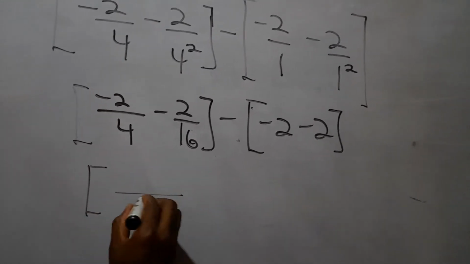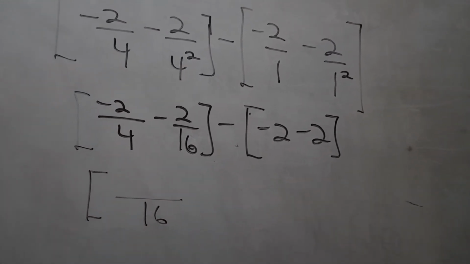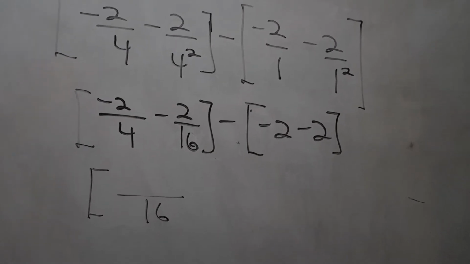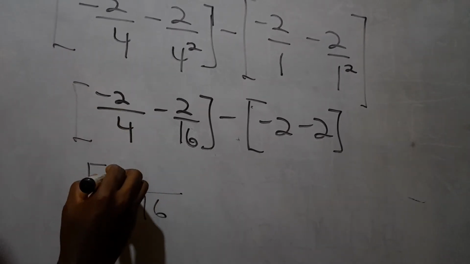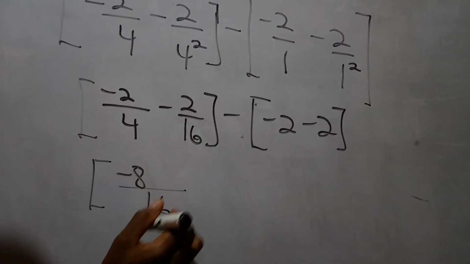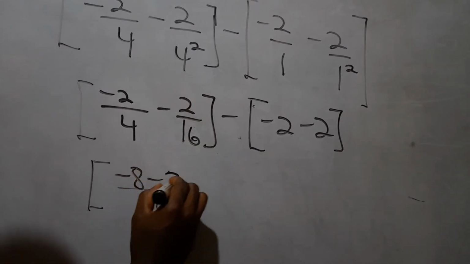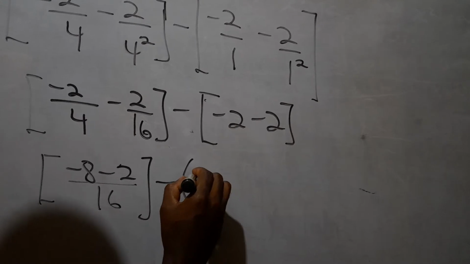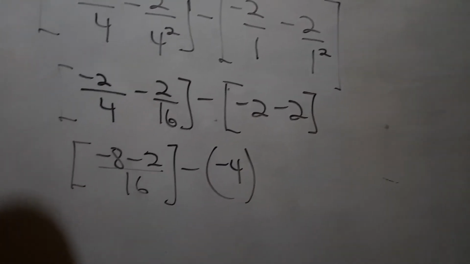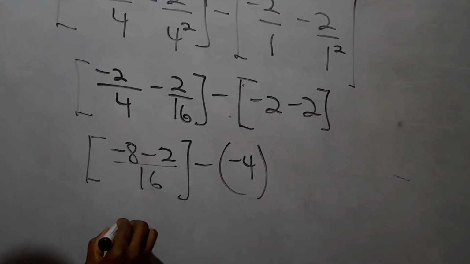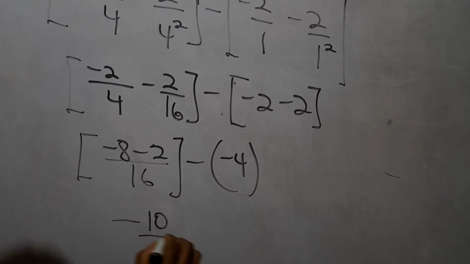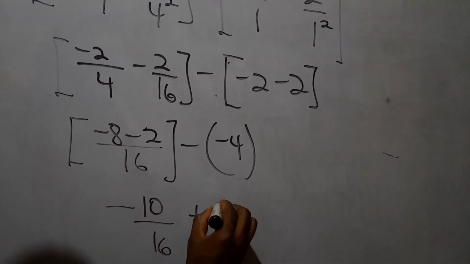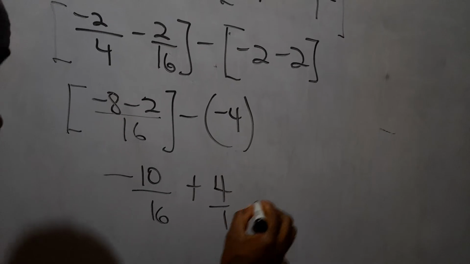The LCM here will be 16. 16 divided by 4 is 4. 4 times this, negative 2, will be negative 8. 16 divided by 16 is 1, times that will be negative 2. Minus negative 2 minus 2 will be negative 4. So we'll have negative 10 over 16 plus 4 over 1.